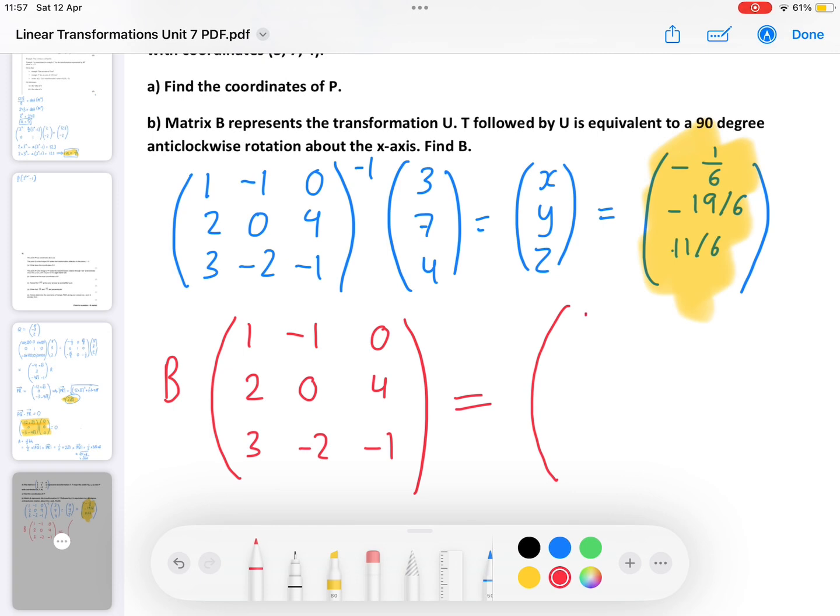Well, the x-coordinate is going to remain the same, so we can fill those in. And then our 2x2 matrix in the bottom right-hand corner is just going to be the 2x2 rotation matrix. So cos 90 is 0, minus sine 90 is -1, and then we have 1 and 0 here.